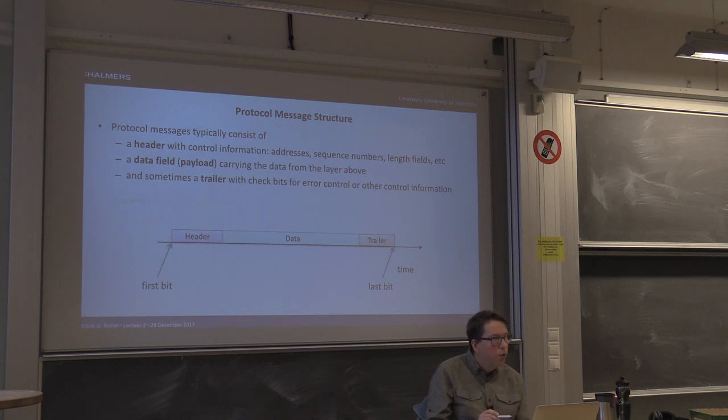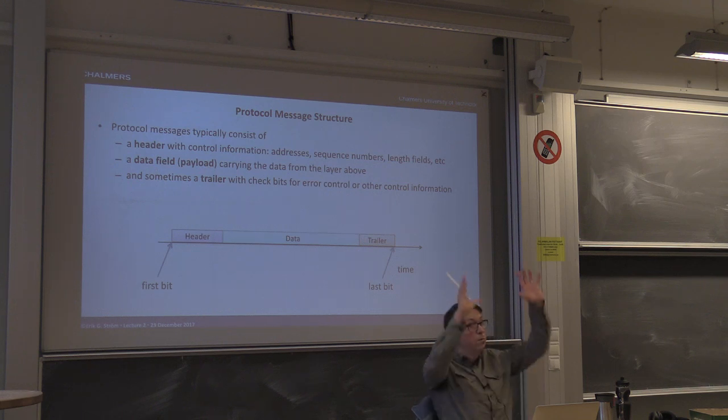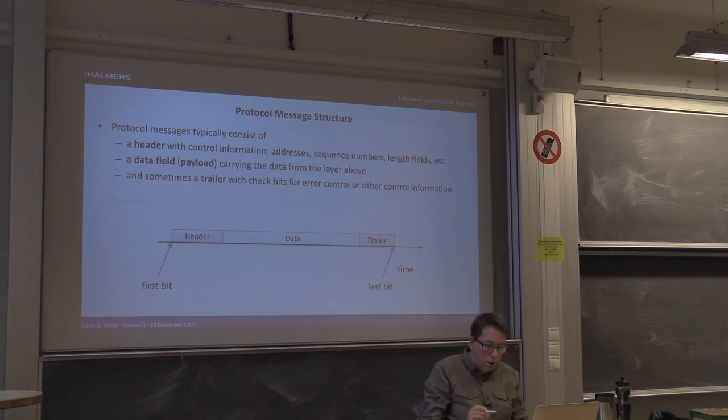And if the protocol carries data, which it typically does, then that's in the data field, sometimes also called the payload. This is the data which the protocol gets from the layer above, which it's supposed to transfer. Sometimes there is also a trailer.